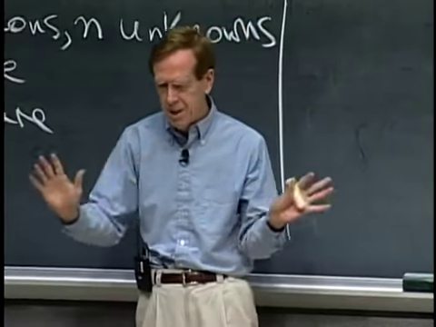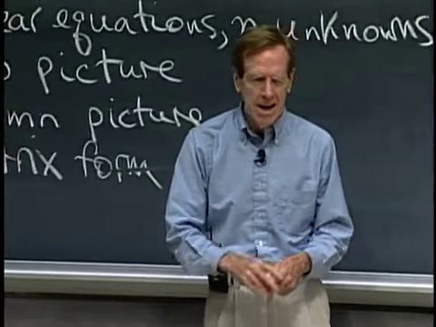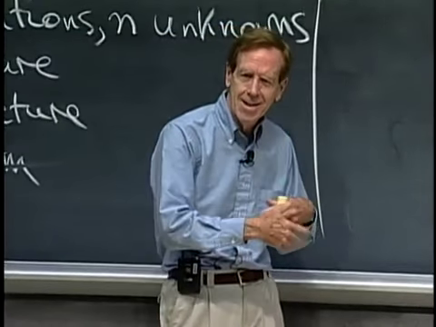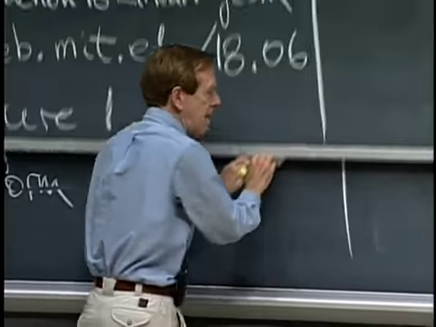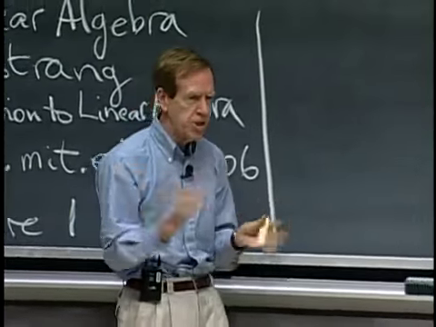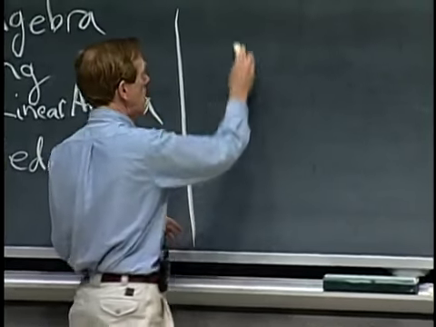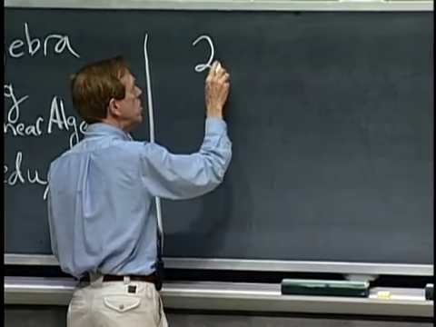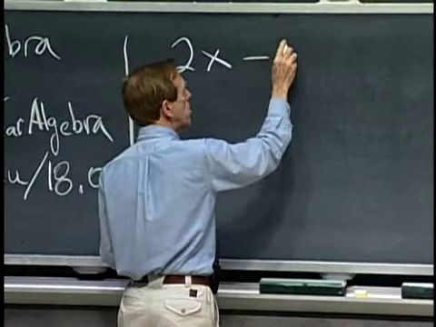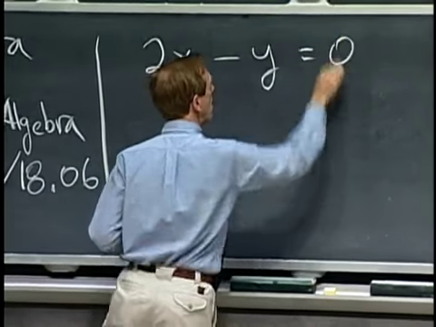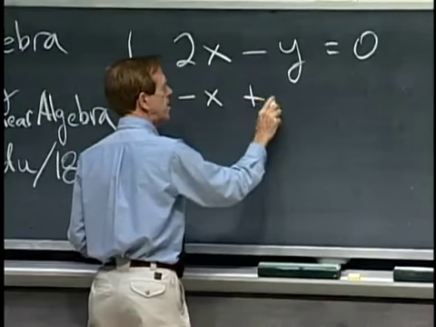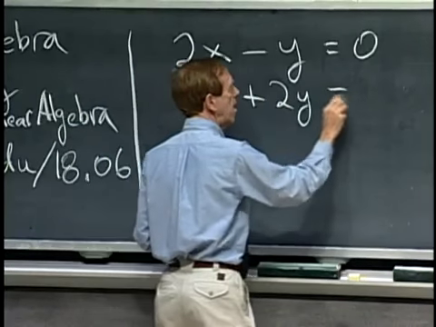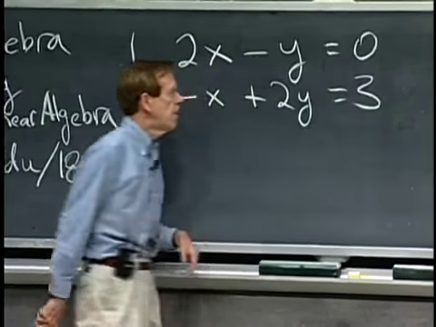Okay, so can I do an example? The whole semester will be examples, and then seeing what's going on with the example. So take an example: 2 equations, 2 unknowns. So let me take 2x minus y equals 0, let's say, and minus x plus, say, 2y equals 3.